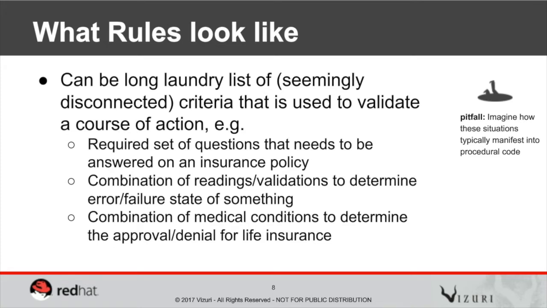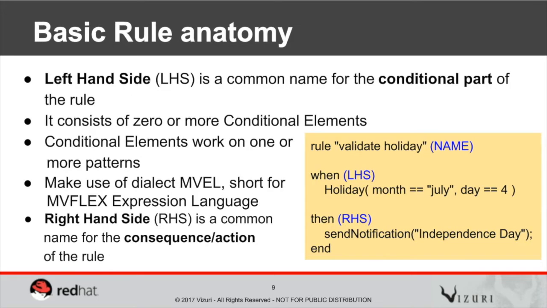Now, before we continue, we now know what a rule is and how it should typically look on the requirement side of it, but how would these rules be implemented? So the basic rule anatomy is as follows. You get two sides, the left side and the right side. Or in short, we call it the left-hand side and the right-hand side. The when side, which is the conditional part, and the right-hand side, which is the action or consequence side.